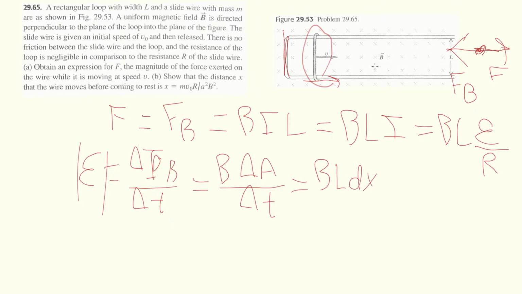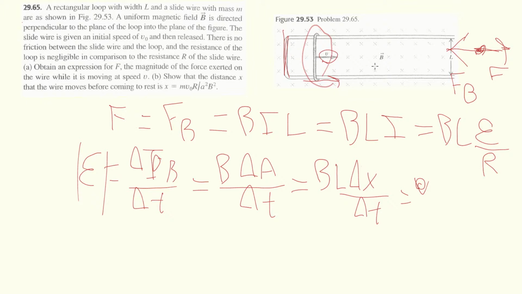Sorry, I'm going to erase that. It's not dx really, we're just going to call it delta, which makes more sense. That is going to be the velocity that's already written up there.